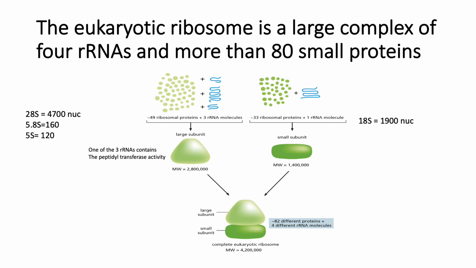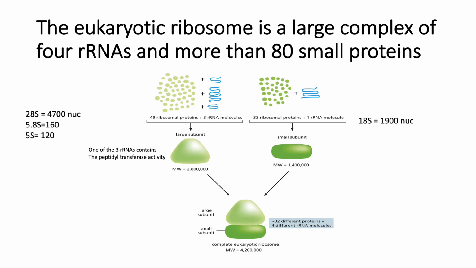The small subunit has 33 different proteins and 1 ribosomal RNA, called 18S ribosomal RNA. That's 1,900 nucleotides. The large ribosomal subunit has 49 proteins and 3 ribosomal RNAs. There's 2 small ones and 1 big one. There's the 28S, which is large, 4,700 nucleotides.